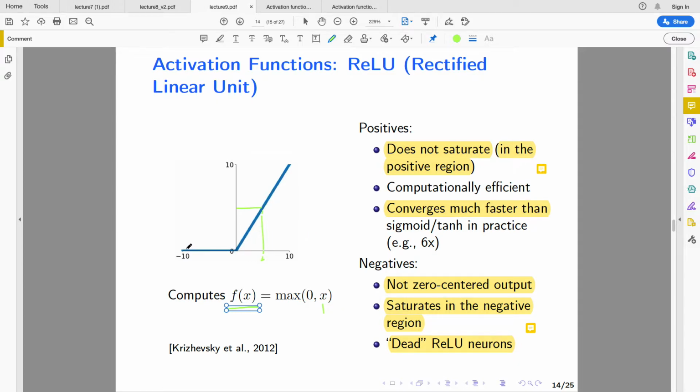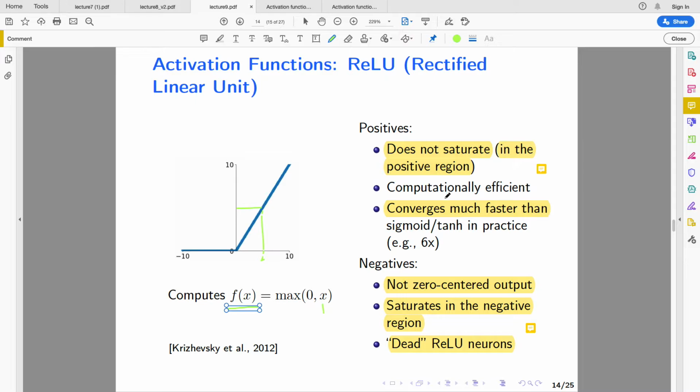But you can see in the negative region, it does saturate. That's a disadvantage. As the number increases in the negative, the value does not change. We can't learn anything. It just returns zeros. And we don't want saturated neurons when we're doing backpropagation.